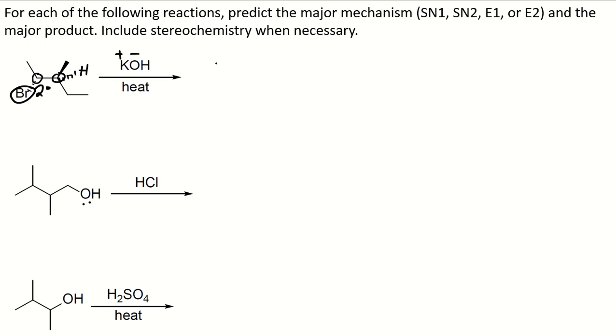Now, in order for the elimination to occur in an E2 fashion, those two have to be anti-periplanar. In other words, they need to be in the same plane on opposite sides.